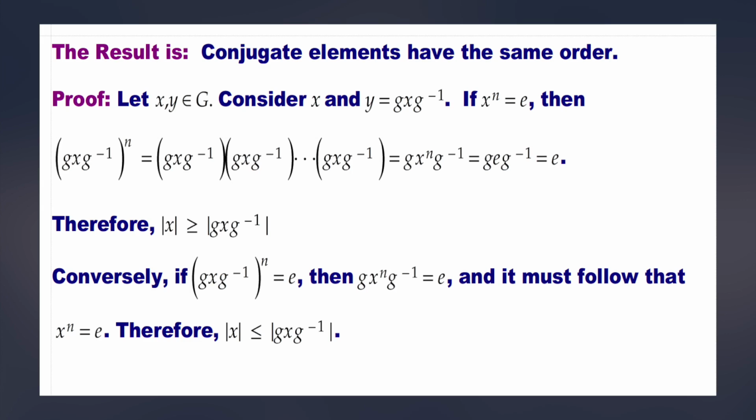Therefore, order of x is less than or equal to order of G x G inverse. From this, we know that order of x is equal to order of G x G inverse, which is equal to order of y. Hence, we have proved here that conjugate elements have the same order.